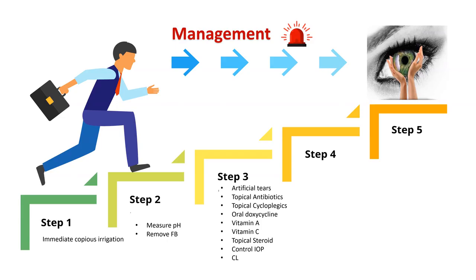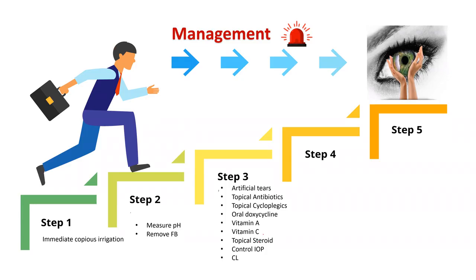The doxycycline or the tetracycline has an anti-proteolytic or anti-collagenase effect. So it will antagonize the lysis of the cornea and prevent or delay the melting of the corneal tissue.